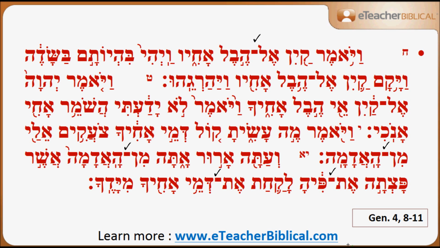So let's find some makefs here in Genesis 4:8-11. I have circled or marked some of them. One is here, another one is here, another one is here, another one is here, another one is here. Notice that in all of those cases we have monosyllabic words.